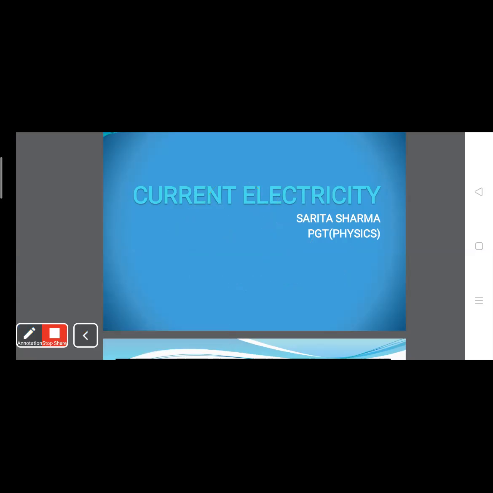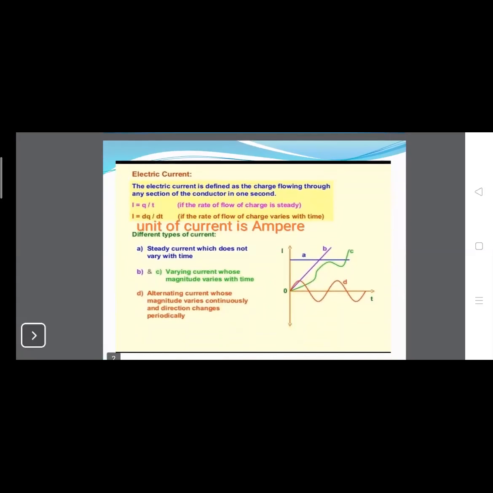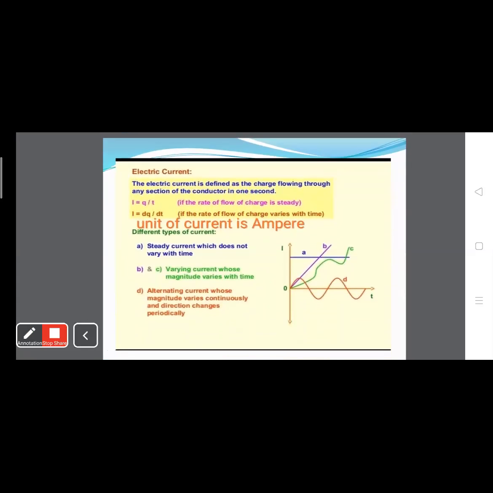So let's start with the first topic of this unit, that is current. What is current? Electric current is defined as the charge flowing through any section of the conductor in 1 second.